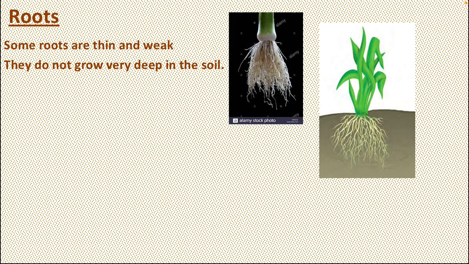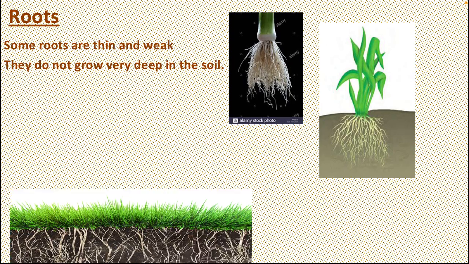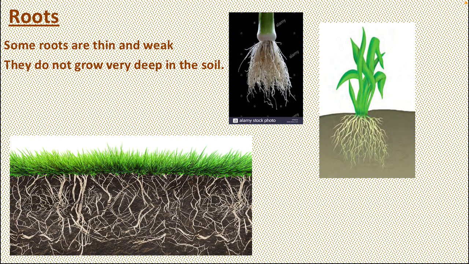Some roots are thin and weak. Like some plants have thin stems and they are weak, in the same way the roots are thin and weak also. They do not grow very deep into the soil. So we can take them off very easily. You can see these roots.